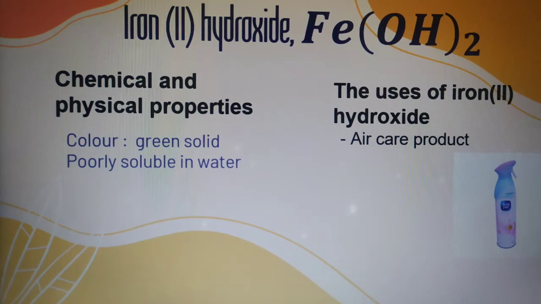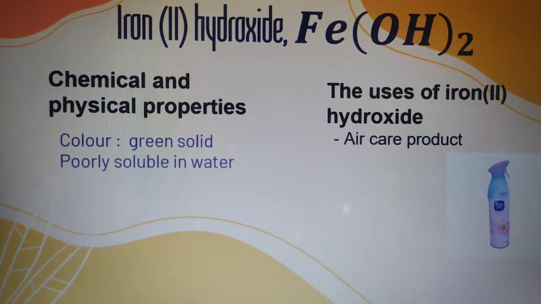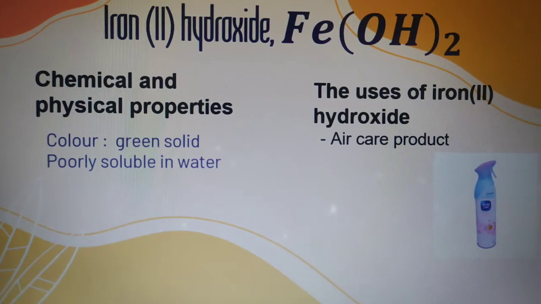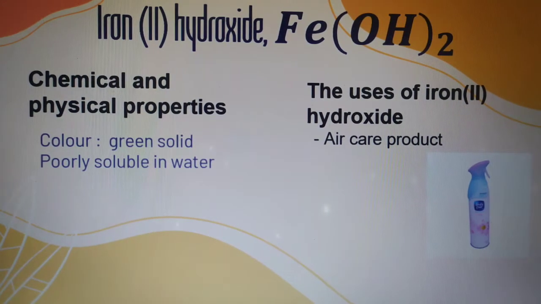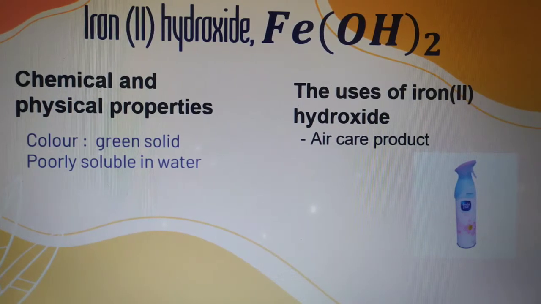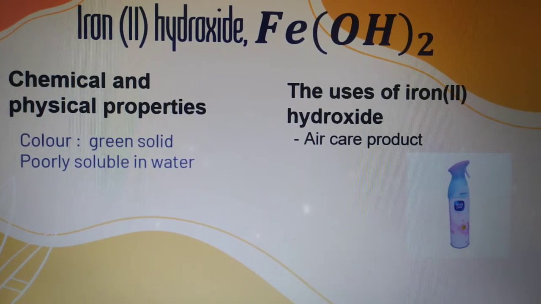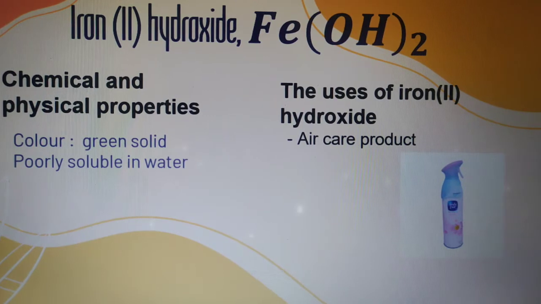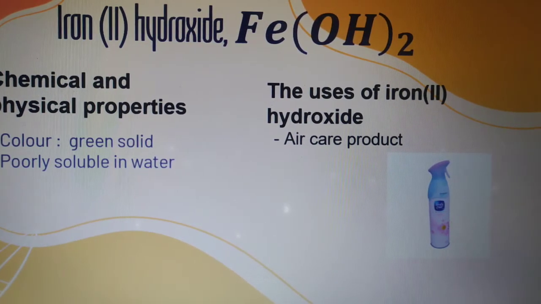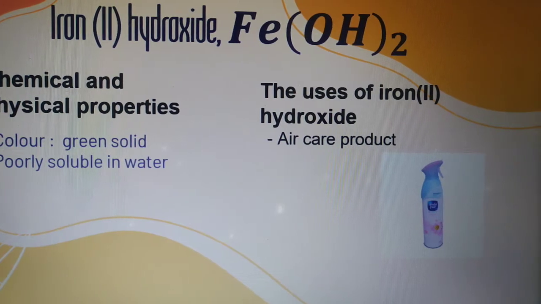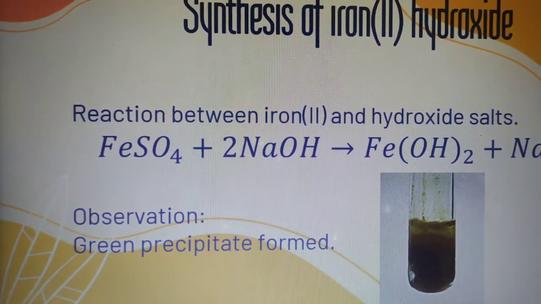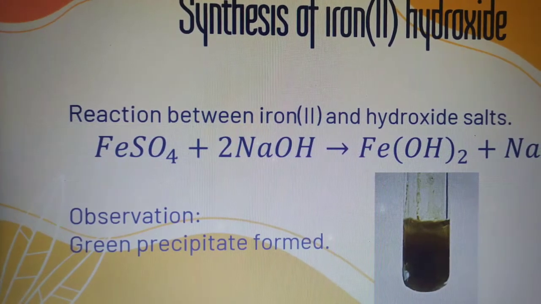Next, I would like to talk about iron 2 hydroxide, which has the molecular formula Fe(OH)2. As for the chemical and physical properties of this compound, in nature it exists as a white solid and it is also poorly soluble in water. The use of iron 2 hydroxide is as an air care product. Next is the synthesis of iron 2 hydroxide.